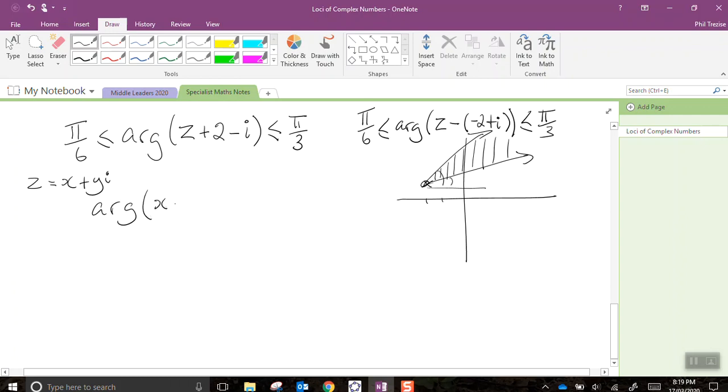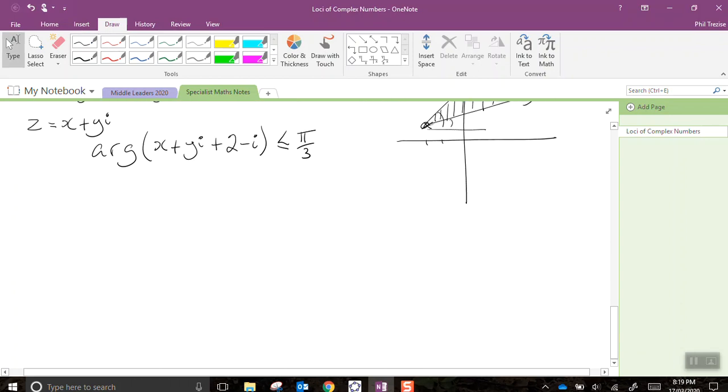Replacing z with x plus yi plus 2 minus i is less than pi over 3. Just before I get to the argument, I'll group together the real parts, x plus 2, and the imaginary parts, y minus 1, less than pi over 3.